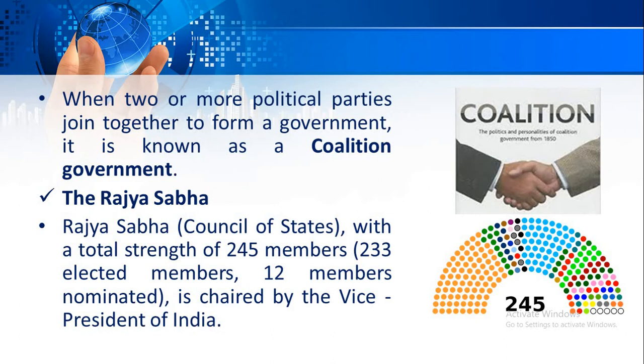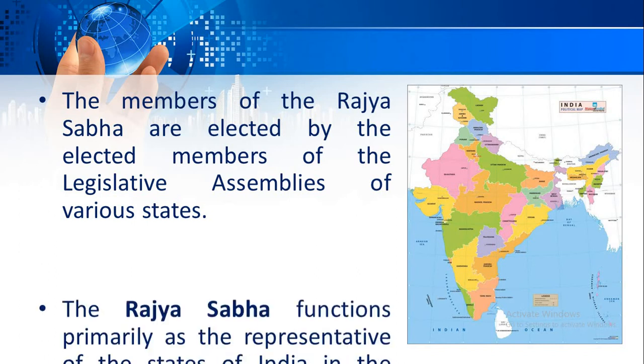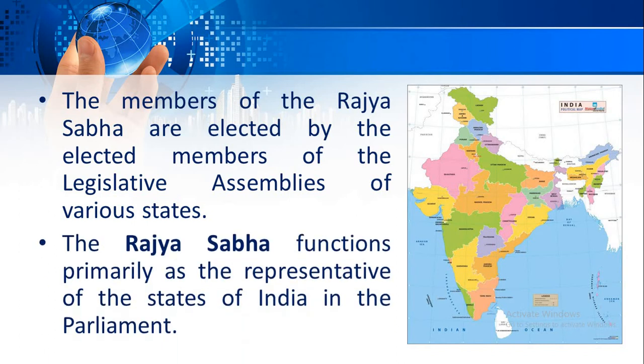Rajya Sabha is chaired by the Vice President of India. The members of the Rajya Sabha are elected by the elected members of the legislative assemblies of various states. The Rajya Sabha functions primarily as the representative of the states of India in the parliament.